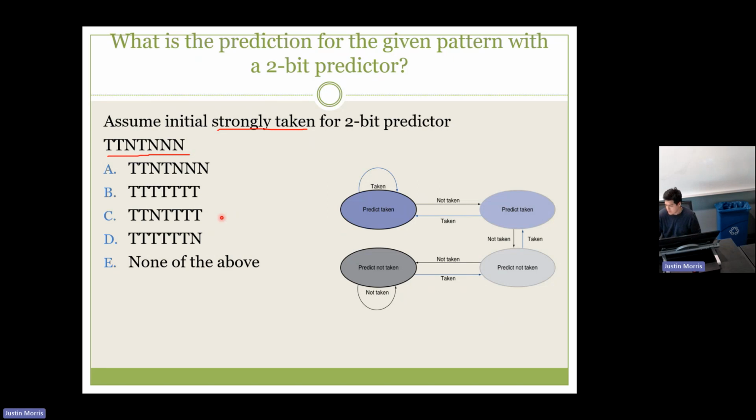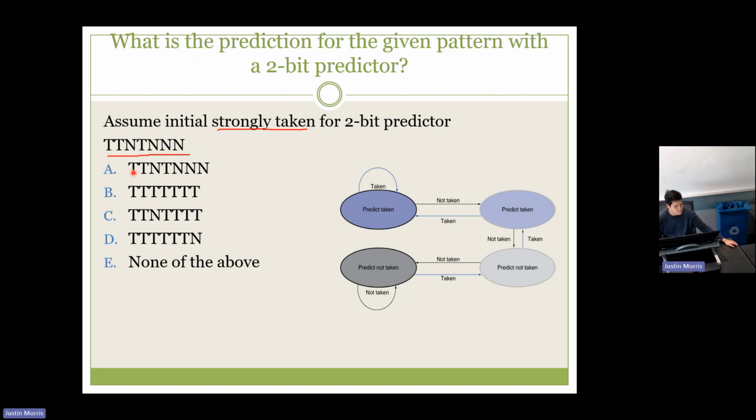Okay, so we did have some movement towards the right answer. Right, so my initial state is what? Strongly taken. So if I'm strongly taken, my prediction is taken. So we like all of them so far, right?